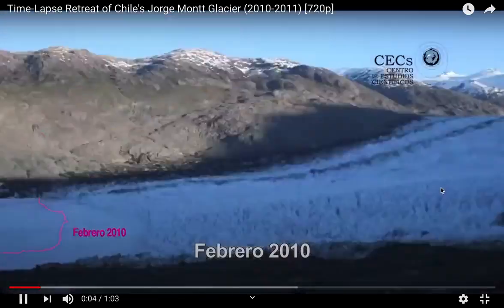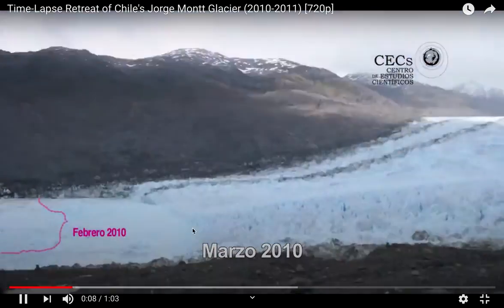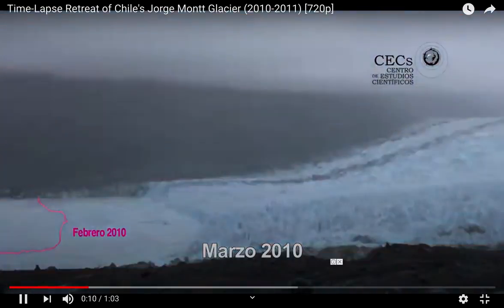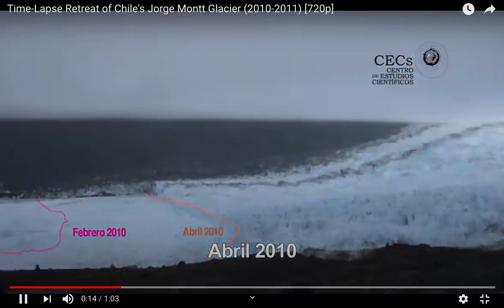So you'll notice the glacier is flowing downhill. However, the position of the ice front changes, even though the glacier is flowing downhill the entire time.